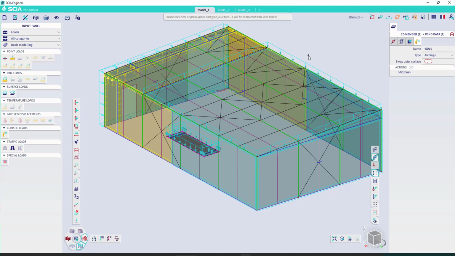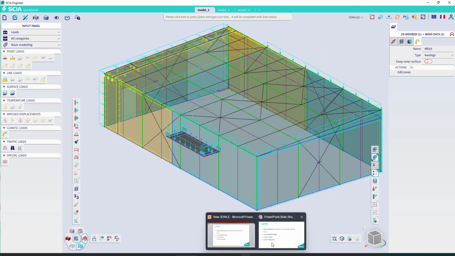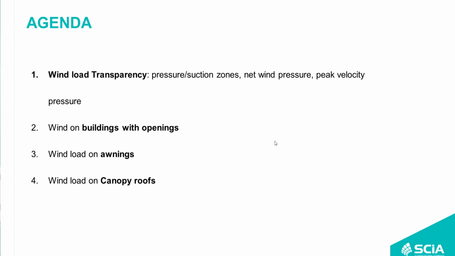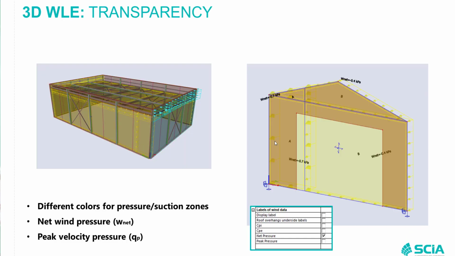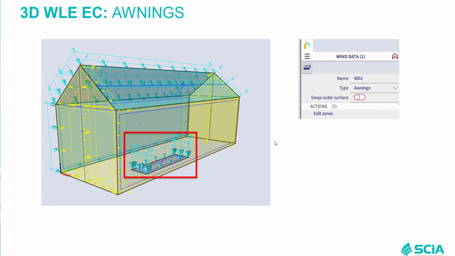What should be said on the awnings is this. If I go back now to the PowerPoint, this is the part on the transparency, the openings. On the awnings, the particularity is that they are not covered by the base document of Eurocode. It means that there is nothing in Eurocode 1991-1-4 on the wind load on awnings.